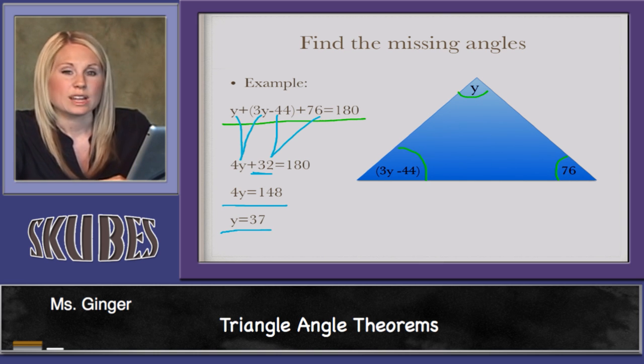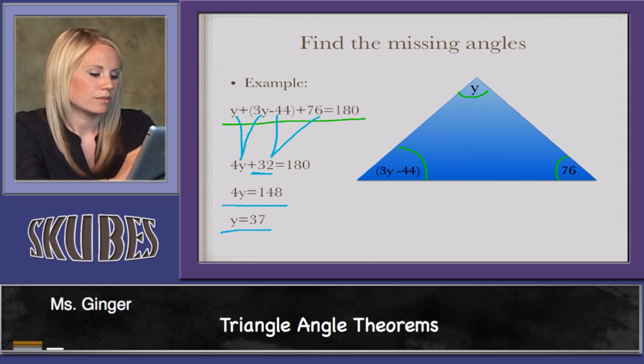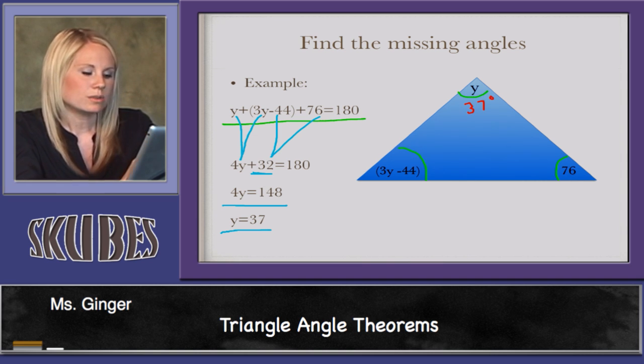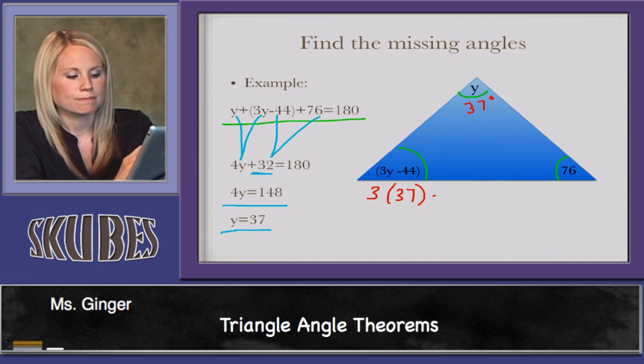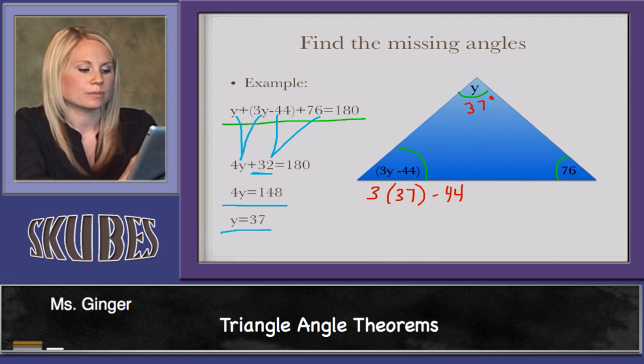But remember, the initial task was to find the missing angles. So I know y's value now. I could fill that in up here at the top. This one is 37 degrees. But I still didn't find this left-hand corner angle. What I could do though is if I know y is 37, I could simply put that into this expression that's represented down here and proceed to find that angle.